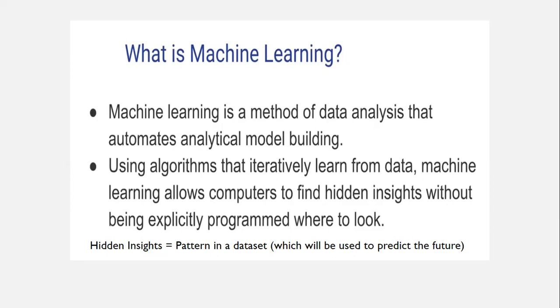So now, what is machine learning? We say machine learning is a method of data analysis that automates analytical model building. Now, these definitions might not sound complete. So for me, if I'm to explain machine learning, I would say machine learning is the ability for a machine to learn previous data and patterns in the data and be able to make predictions.